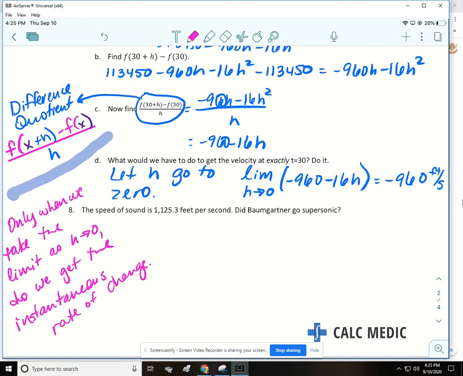Okay, so up until that point, it's always just average rates of change. Even if we do 29.99999 and 30, that's still going to be an average rate of change. We have to do the limit to get the instantaneous.